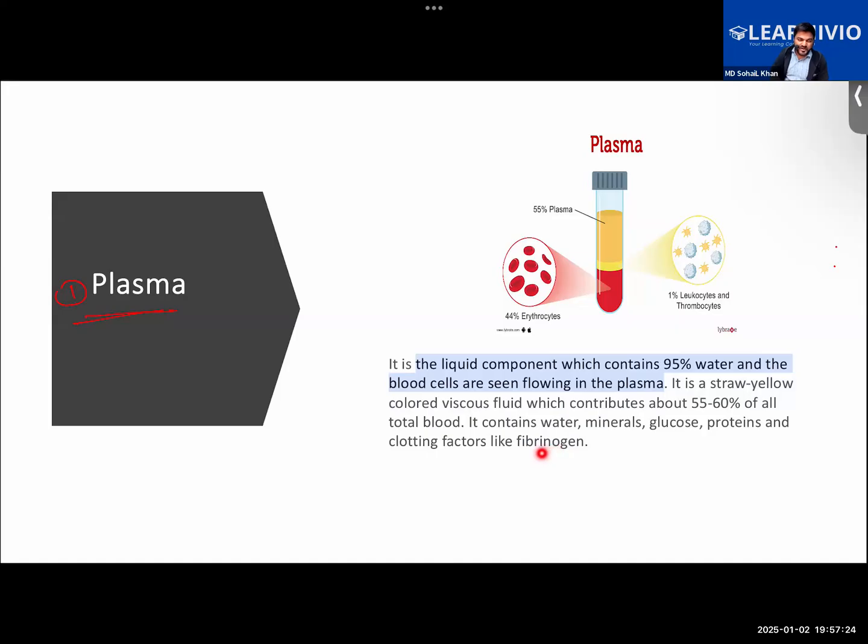The color of the blood plasma is pale yellow, as you can see here. The plasma itself is made up of 95% water. So a good amount of water is present in the plasma. Plasma is very much necessary so that all the materials can move easily.